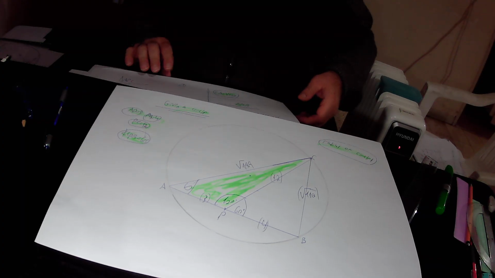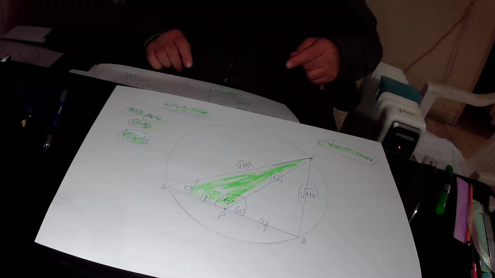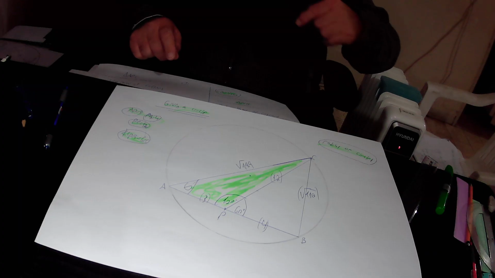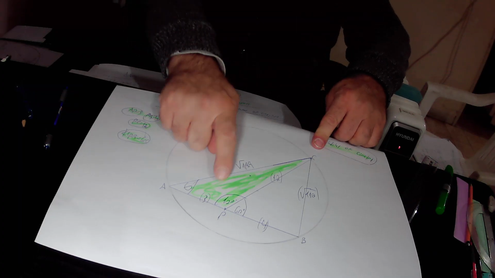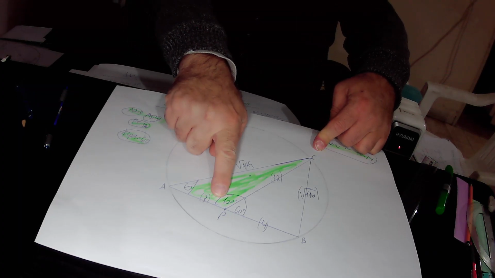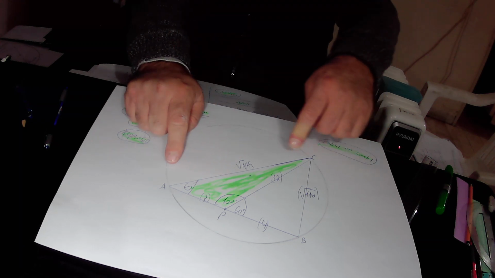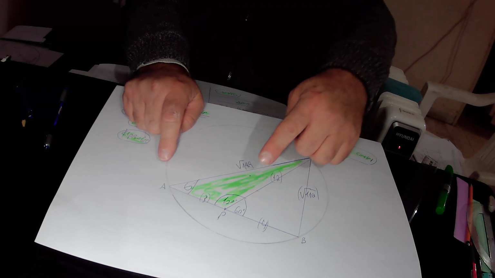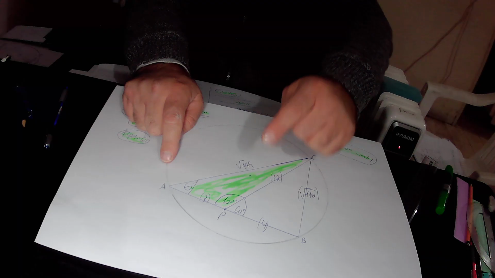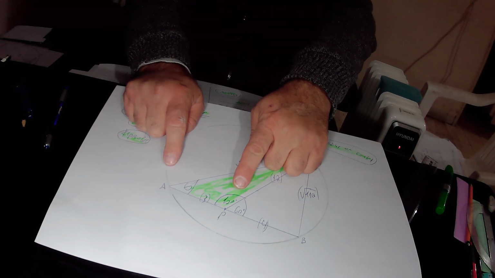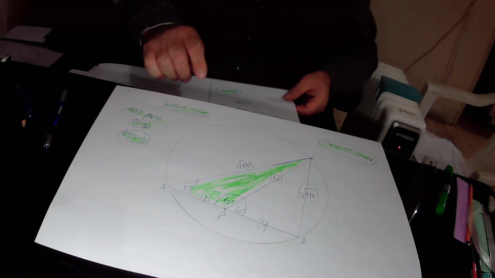So CA squared equals PC squared. PC is 12, therefore PC squared is 12 squared, that is 144, plus AP squared. AP is 3, therefore AP squared is 3 squared, that is 9.